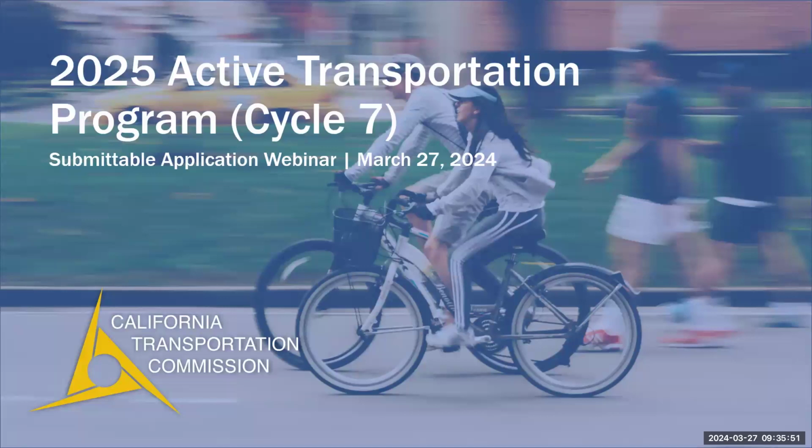So this webinar has been designed to guide local agencies through the intricacies of using Submittable for the now announced Cycle 7 call for projects, and we'll use today to learn essential information, gain insights, and ask questions of the CTC staff to ensure a smooth and successful application submission via Submittable.